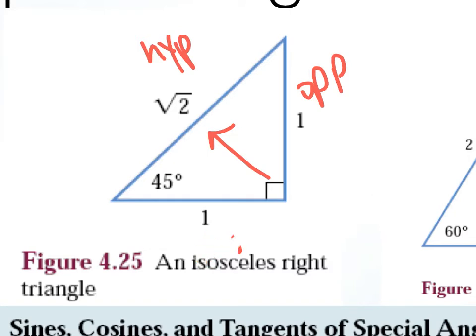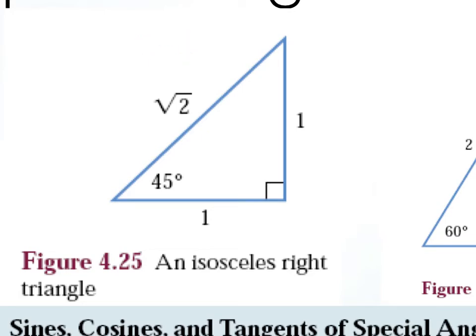If I told you to find the trig functions without a calculator in a 45, 45, 90, and that one of the sides was 4, you can tell me the other ones. What's the other leg? 4. And what's the hypotenuse? 4 root 2. Because remember, the pattern is 1, 1, square root of 2. Whatever the legs are, that goes in front of the square root.